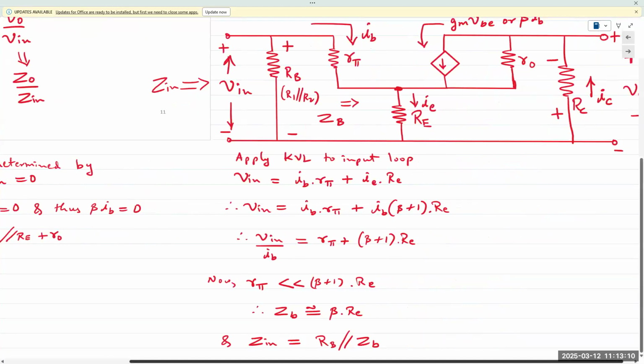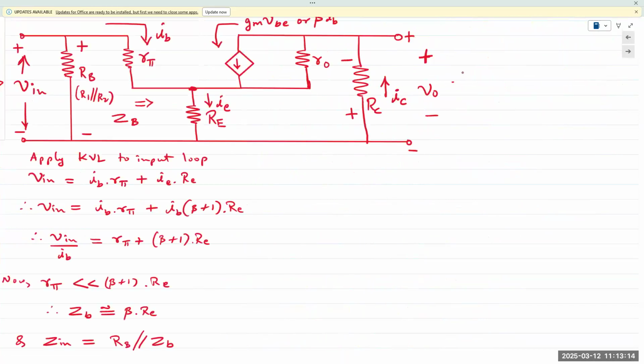Right? So if you're looking into here and determining impedance ZO, we see RC in parallel with RO plus RE.